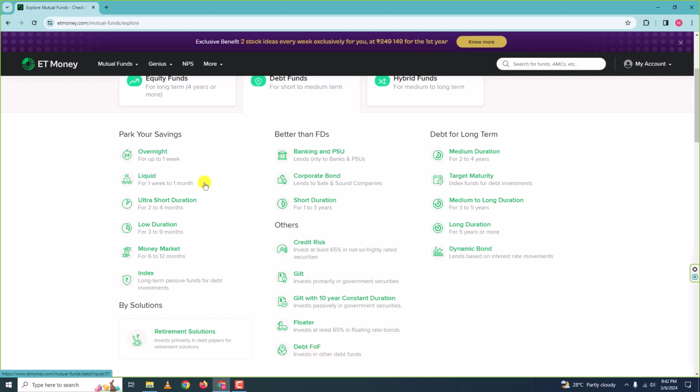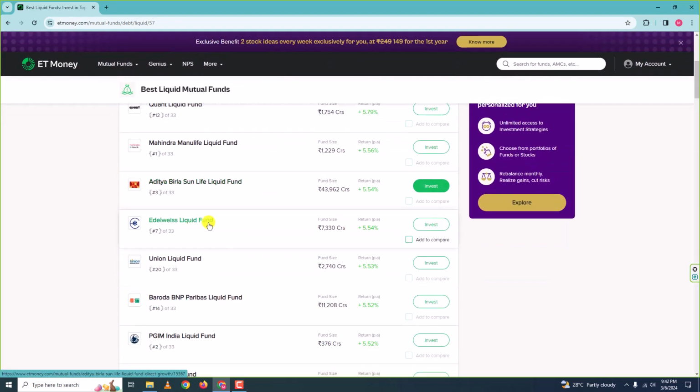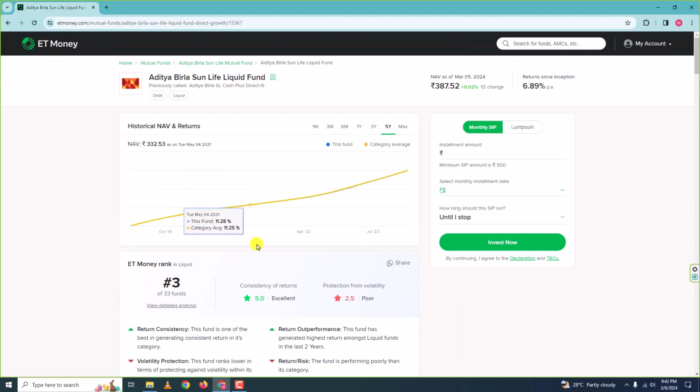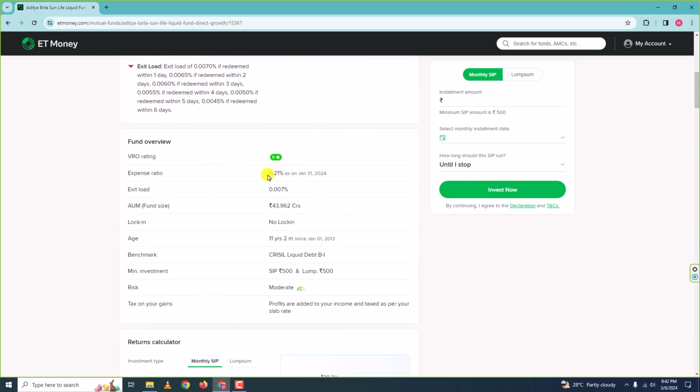Now, if you want to look at any of the mutual funds, then click on the category and click on the mutual fund. So I'll click on Aditya Birla Sun Life Liquid Fund, and the page for it opens. Here you can see that the expense ratio is 0.21 percent. This is the amount that they take for maintaining the fund.